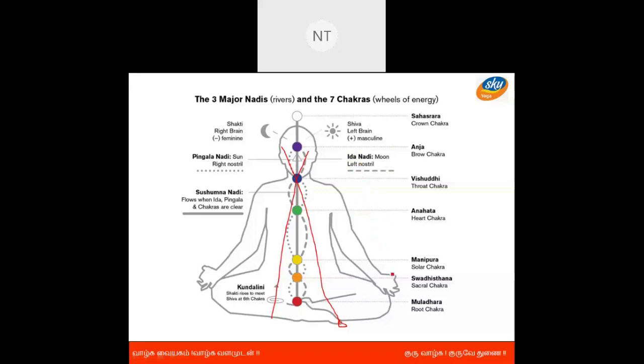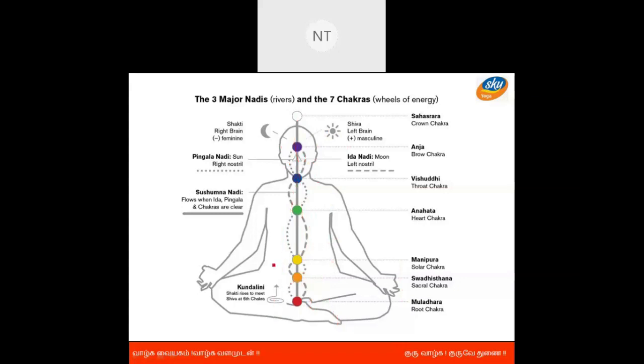Once these roots are cleaned, automatically the center nadi, which is called Sushumna nadi, starts up. So this Sushumna nadi is the one which will give you very much benefit for the spiritual life. So you can go through this one. Okay, it's clear now.